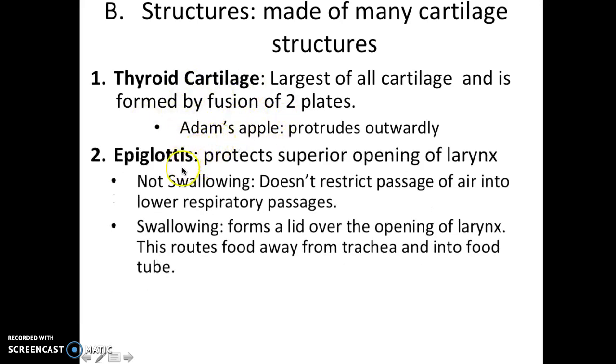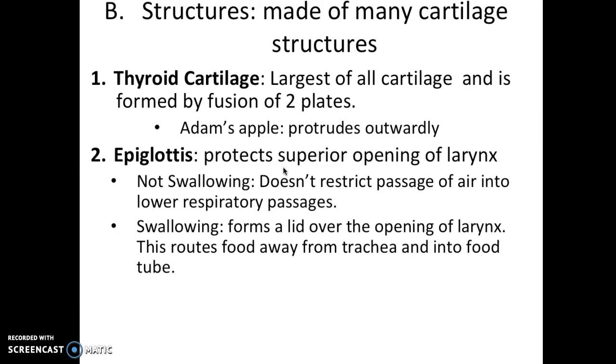Then you have the epiglottis. The epiglottis is essentially a flap that makes sure food doesn't go down the wrong pipe, right? You've heard that: it went down the wrong pipe and you start choking. The epiglottis is there to make sure that nothing goes down the trachea and things go down the right way, which would be your esophagus.